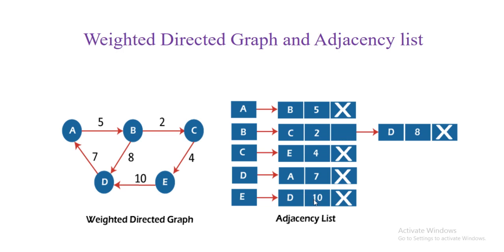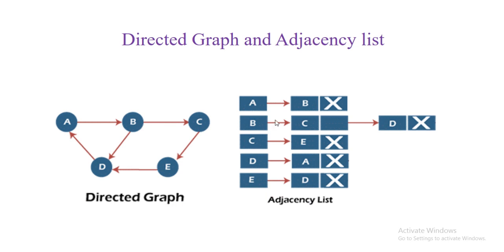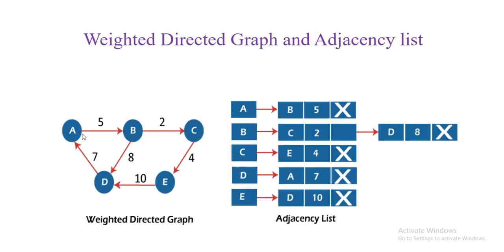Here a directed graph is given and the weight is assigned to the edge. So, see, in the earlier example we just wrote A to B. But now, when you are going from A to B, write the B and the weight also. Here we will use two data fields in this list. B and weight is 5.